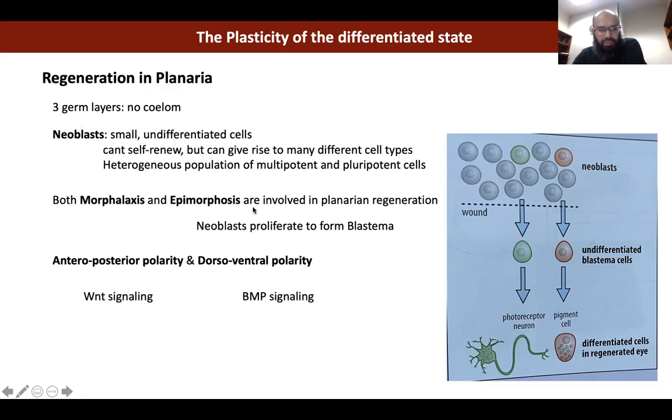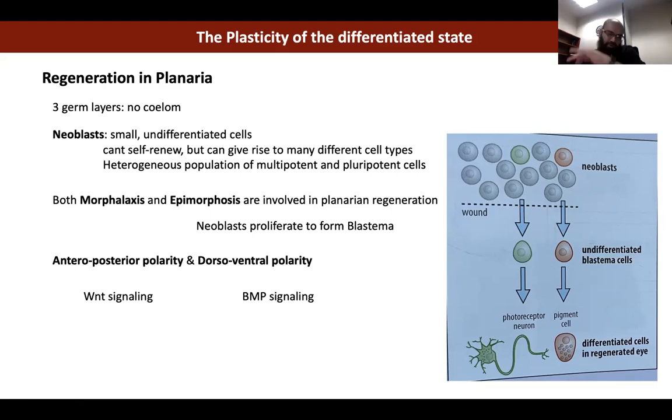Both morphallaxis and epimorphosis are involved in planaria regeneration. If you make a cut, for example, on the head of this flatworm, a structure starts to grow during regeneration. The first structure that it forms is called the blastema, which in this case is a mass of neoblast cells formed under the skin.